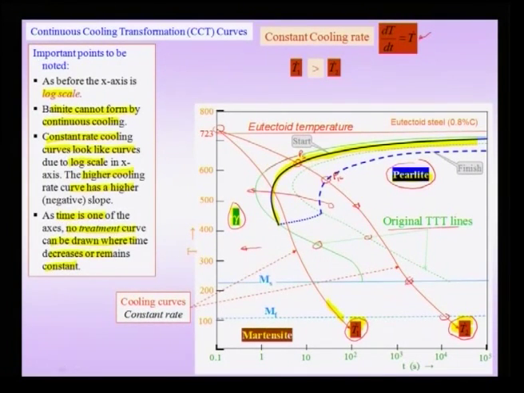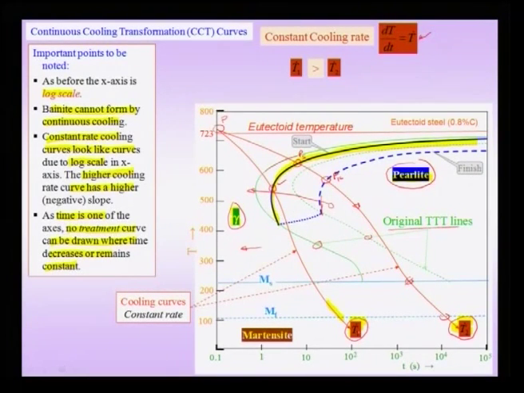On the other hand, suppose I look at a curve like T1 dot, in which case the cooling rate is faster. I start again with this point, which is above the eutectoid temperature, say the point P. I hit my start curve for formation of pearlite, but I do not cross the finish curve. The finish curve for pearlite is here, and I do not cross this line, but I only hit the start line.